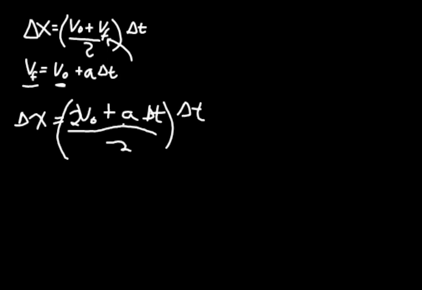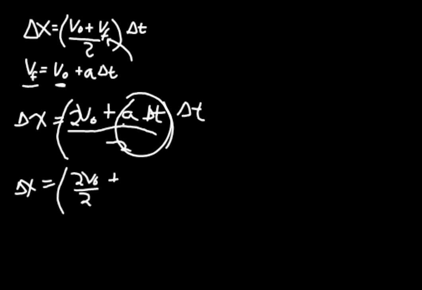So I'm going to rewrite this again. So we have our change in position equals, and we're going to put this together plus this part together, and we can do that because we only have one value in the denominator.